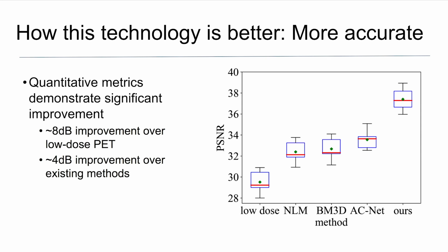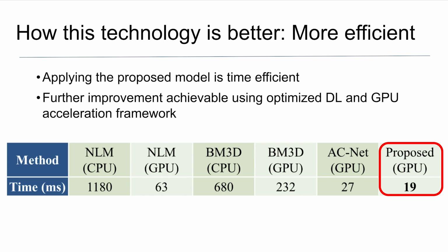Here are the quantitative metrics demonstrating the proposed method is significantly better than previous methods. It shows over 8 dB improvement over low-dose PET and 4 dB improvement over other methods. Also, this graph shows it's more efficient. Applying the proposed method is time efficient, and we can see more improvement with further hardware and software development.